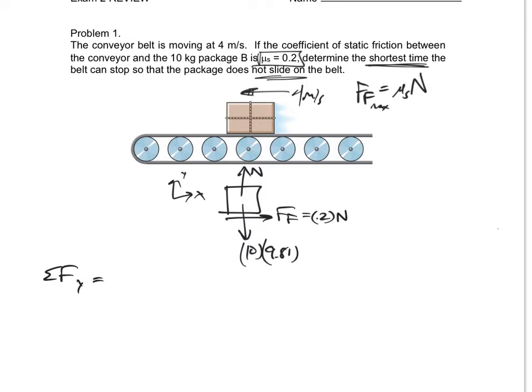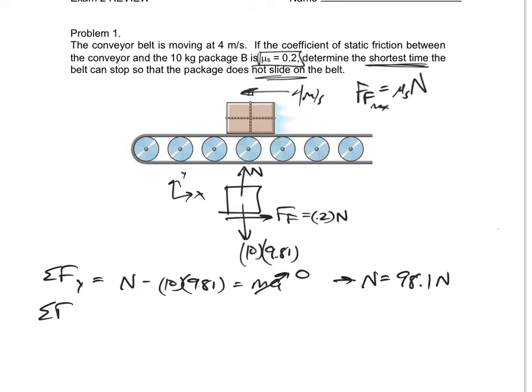The sum of the forces in the y direction: I've got N minus 10 times 9.81 equals mass times acceleration, but it is not accelerating in this direction. So N minus 10 times 9.81 equals 0, and from this N is 98.1 newtons.